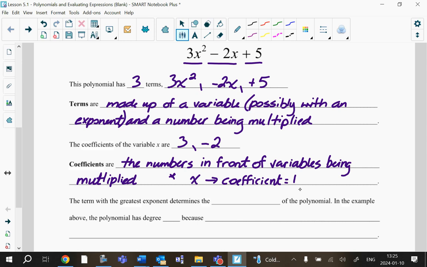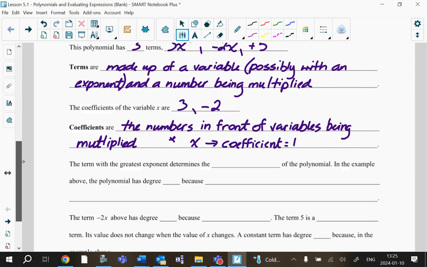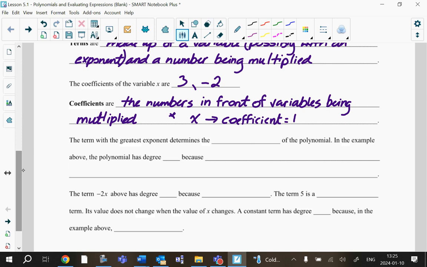Another way we can describe polynomials is by their highest exponents. And when we talk about their highest exponents, we are talking about, and don't confuse this with angles, the degree of the polynomial. Okay.